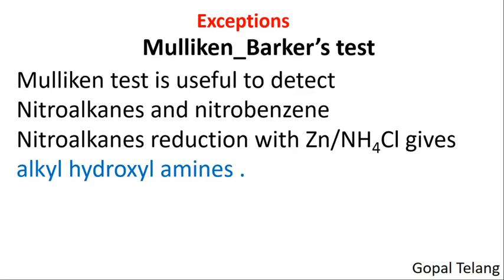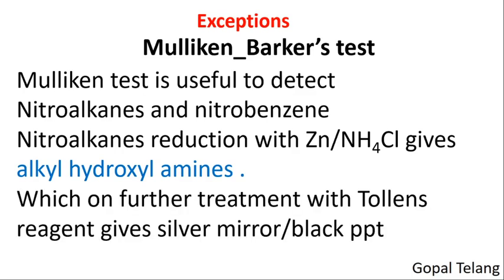When treated with nitroalkanes, it gives alkyl hydroxylamines or aryl hydroxylamines. And when these alkyl or aryl hydroxylamines are further treated with Tollens reagent, it gives a silver mirror or blackish precipitate. This Mulliken test is useful to detect nitroalkanes, and in this test there is a use of Tollens reagent.